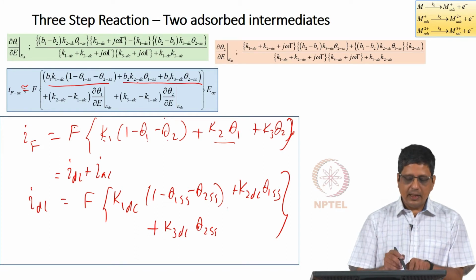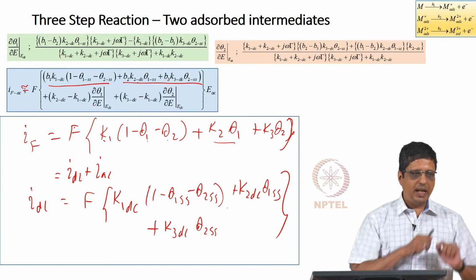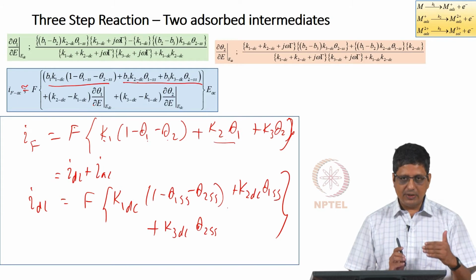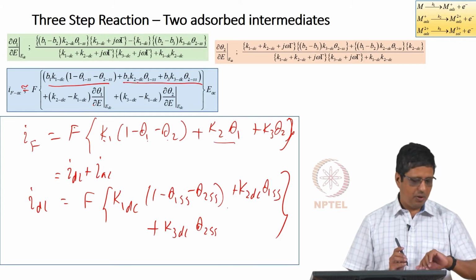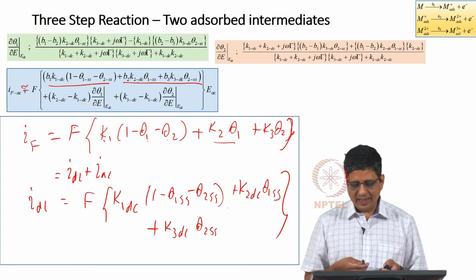Here I am going to substitute for this d theta 1 by dE and d theta 2 by dE from the answers I got from the previous expressions. So, mass balance equation gives us the expression for d theta 1 by dE and d theta 2 by dE. I will stop here, we will continue tomorrow.